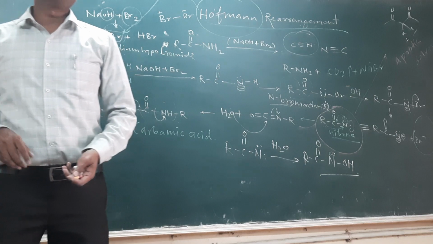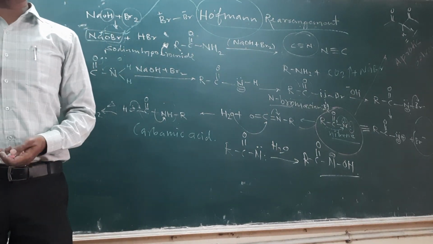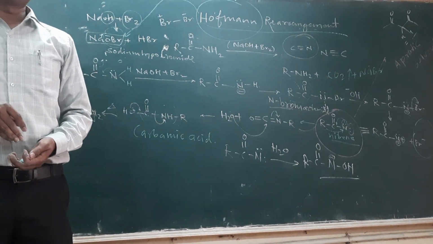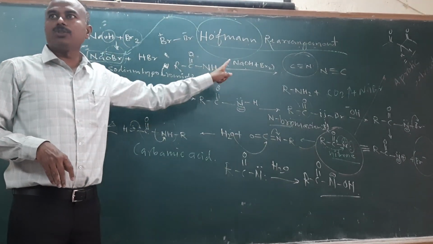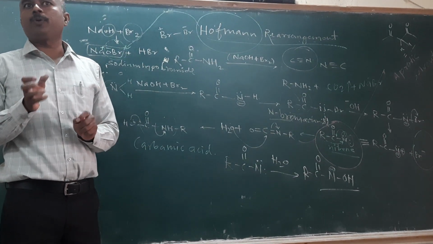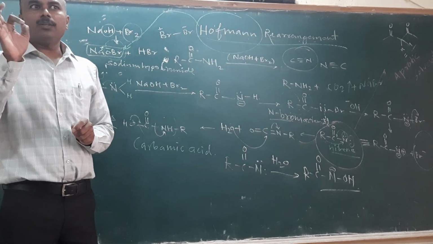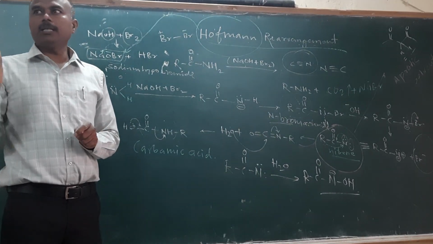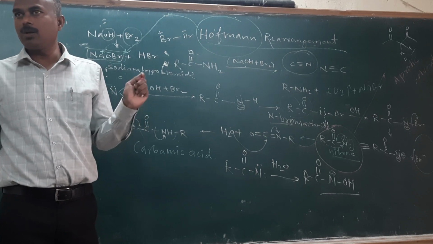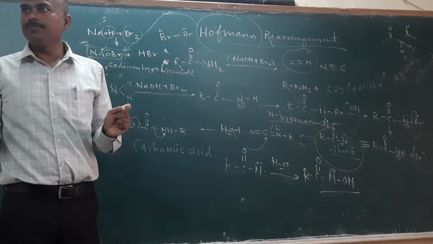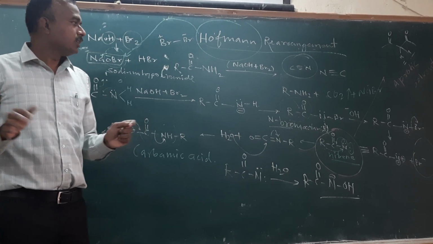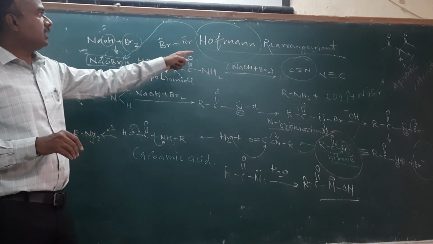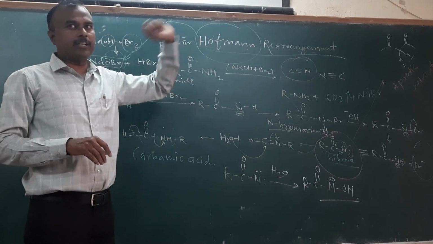So to avoid such kind of side reaction, this reaction is performed in an aprotic solvent. What is the aprotic solvent? Carbon tetrachloride. Did you understand it or not? Okay, so this reaction is called the Hofmann rearrangement.